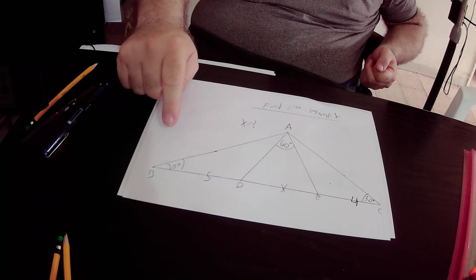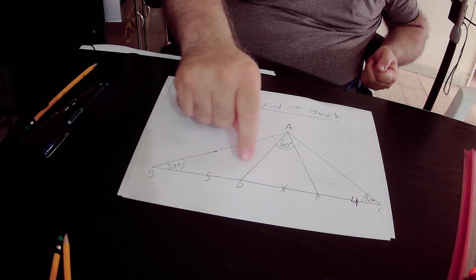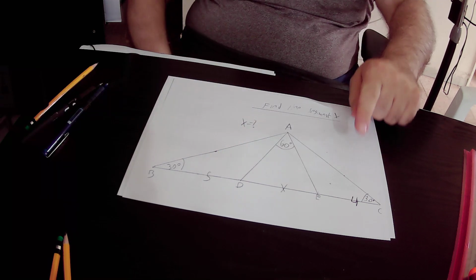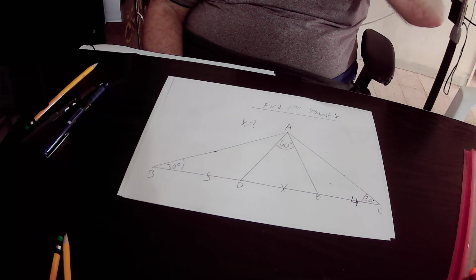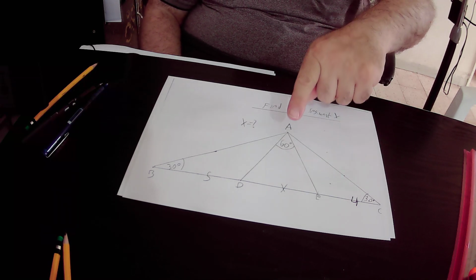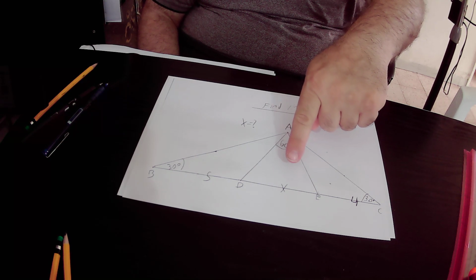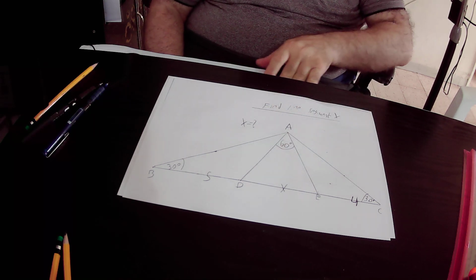We also know that line segment BD equals 5 units. Line segment EC equals 4 units. And we want to find the value of line segment DE, which is equal to X.